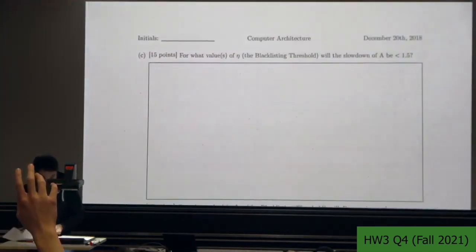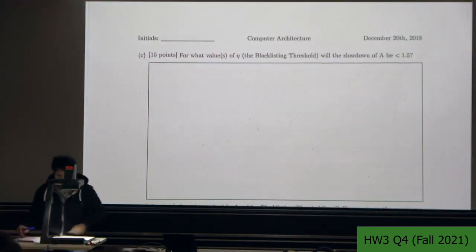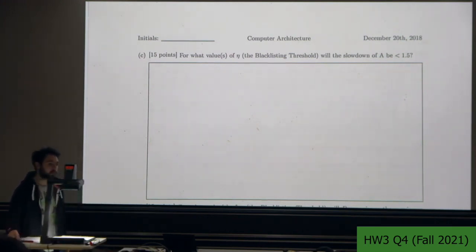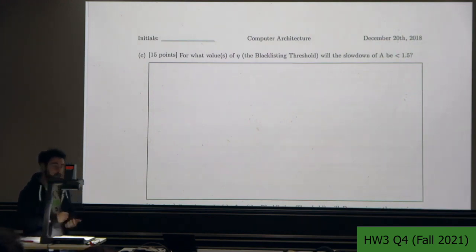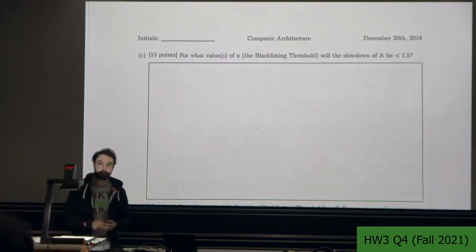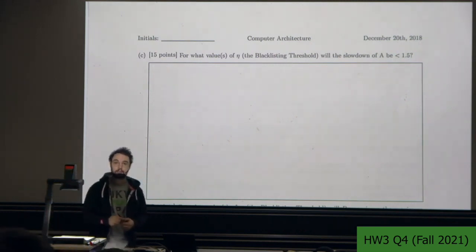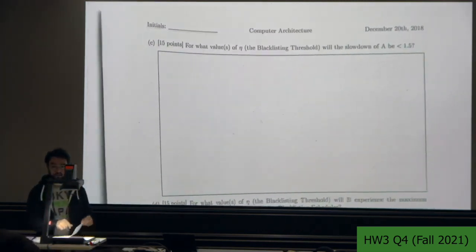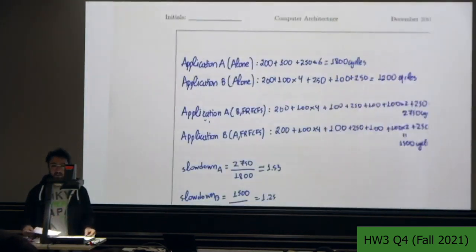So, for what values of n, the blacklisting threshold, will the slowdown of A be less than 1.5? Do you think it's possible to have a slowdown less than 1.5 in this application? I have a question about the last one. Yes. If you set n equal to 1, I think you might be able to get a similar result.